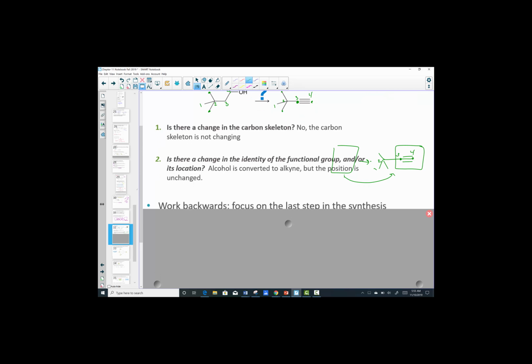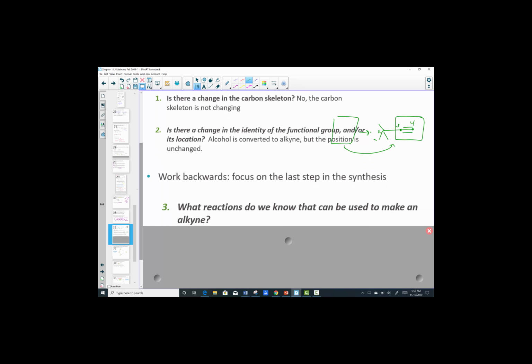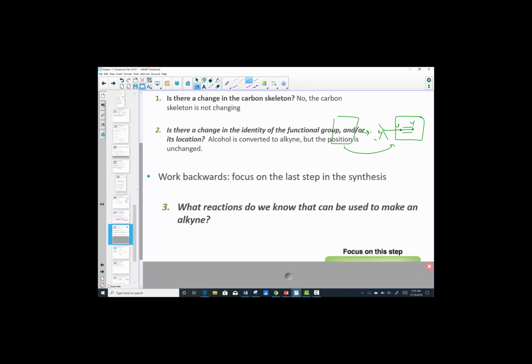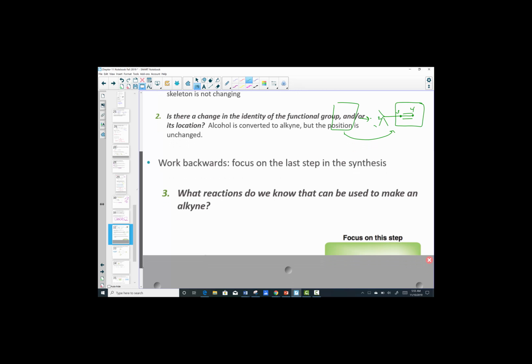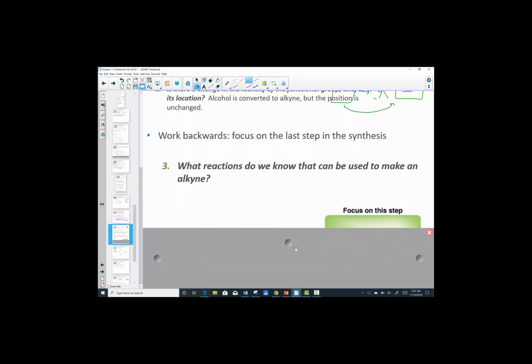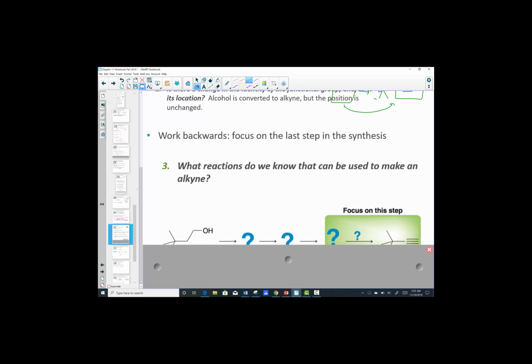So go into your toolbox, and this is what we think about. How do I make a triple bond? And those are the questions we have to ask ourselves. What reactions do we know that can be used to make an alkyne? That's the focus. So in a retrosynthesis, this is the very first question we work to solve.